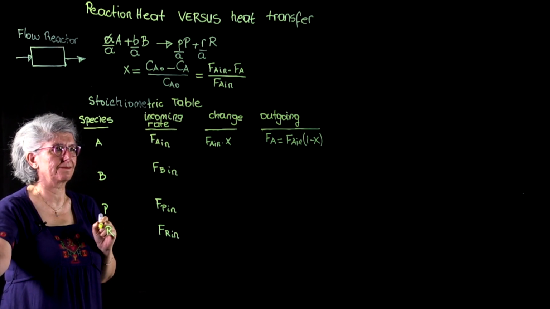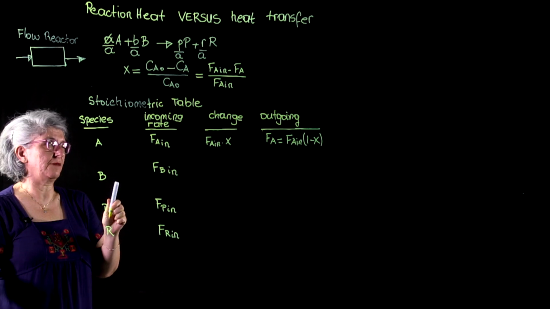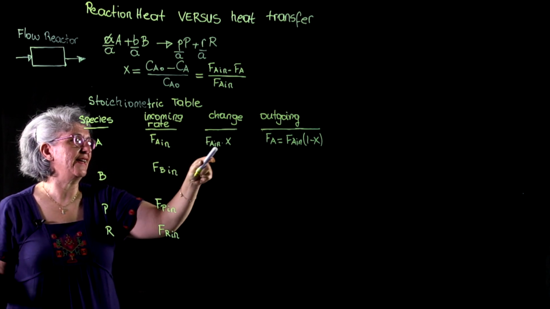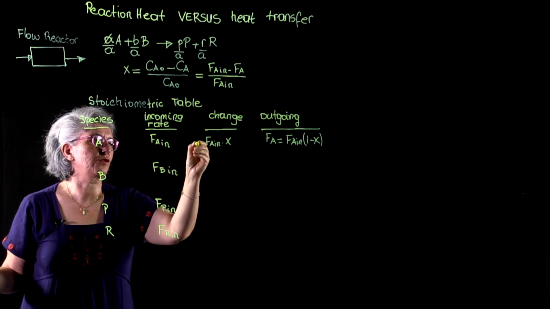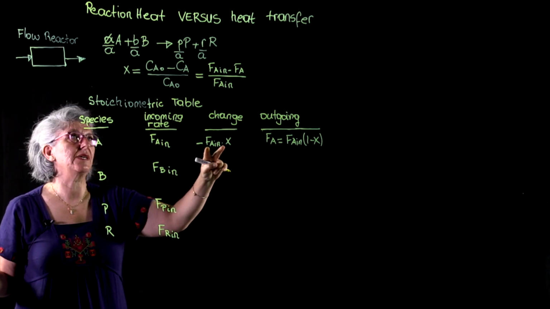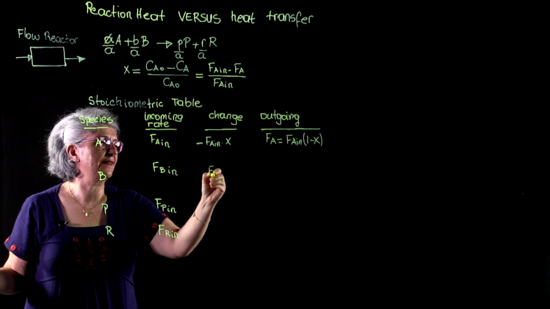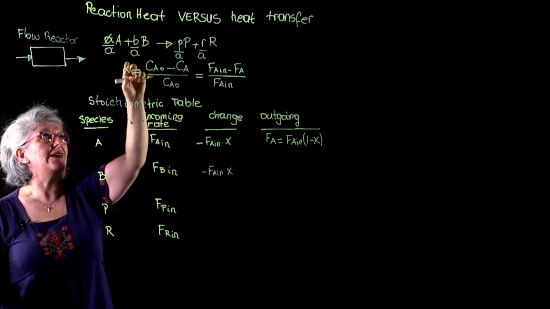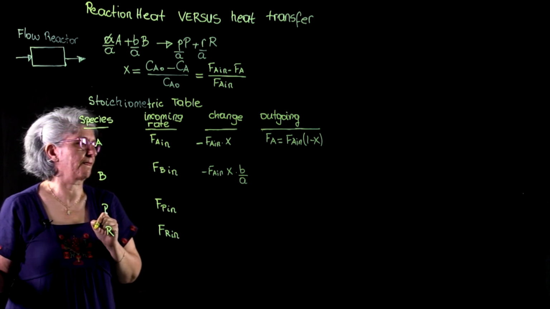Okay. Now the change in B is going to be proportional to the stoichiometry of B to A. If A has FA in times X moles converted, then B should have, of course this is consumed, so I have to put the minus sign, FA in times X, the minus in front, times the stoichiometry B over A. Right?